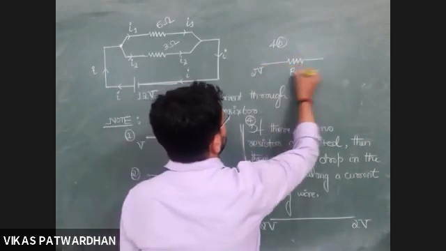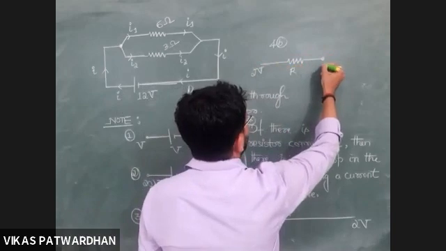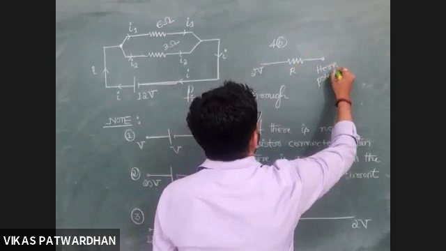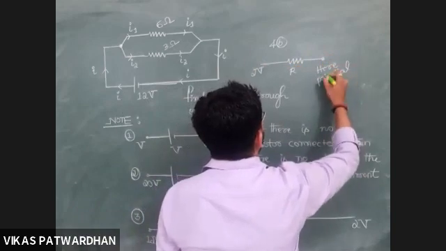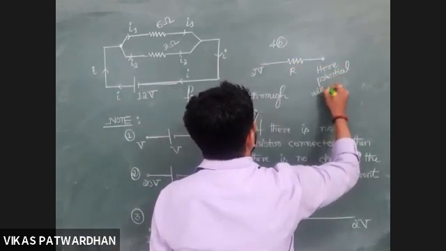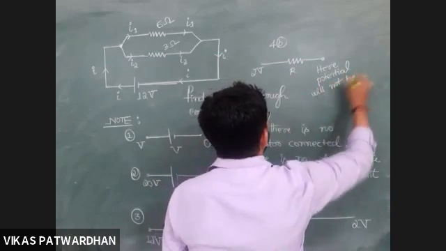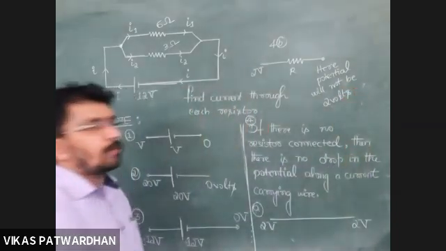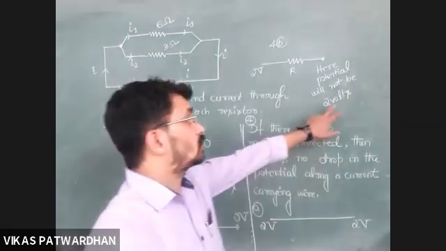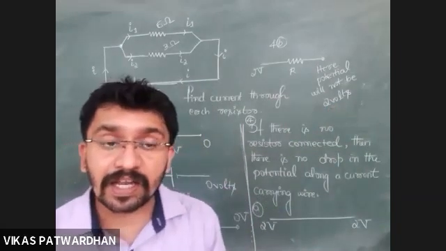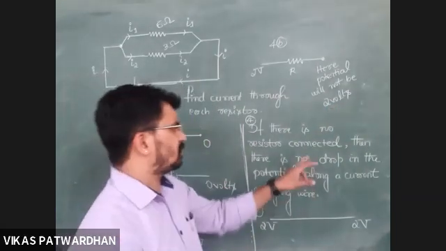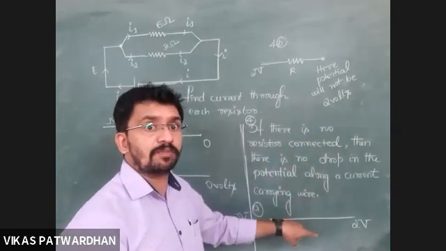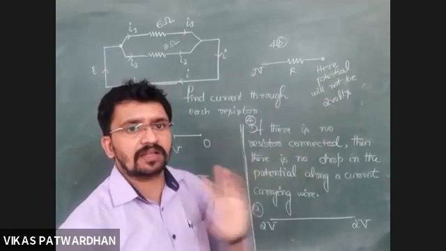If there is a resistor, is the potential 2 volts? Here the potential will not be 2 volts. Why? Same reason. We have drawn it with no resistor connected, so no change in potential. If a resistor is connected, there is a change in potential.